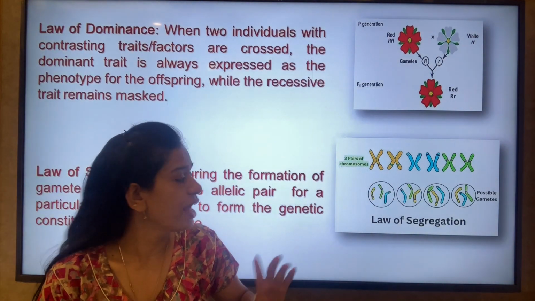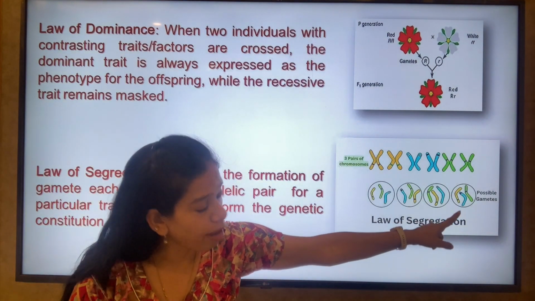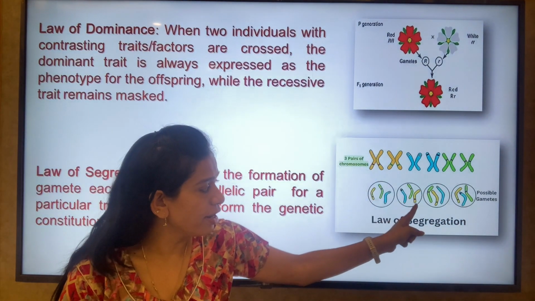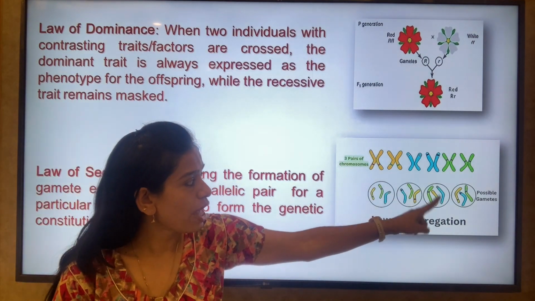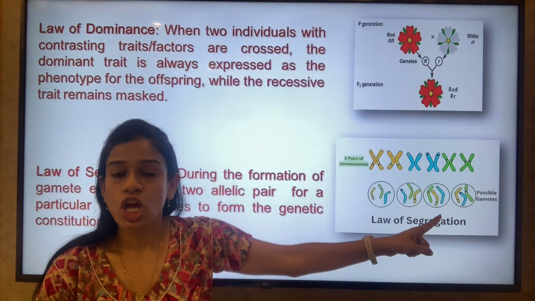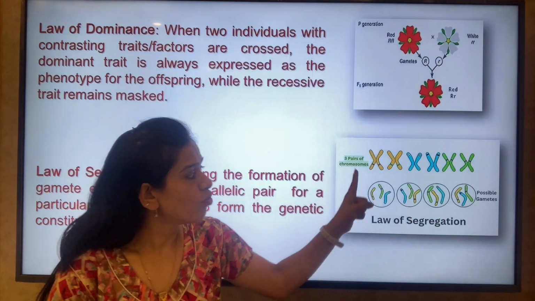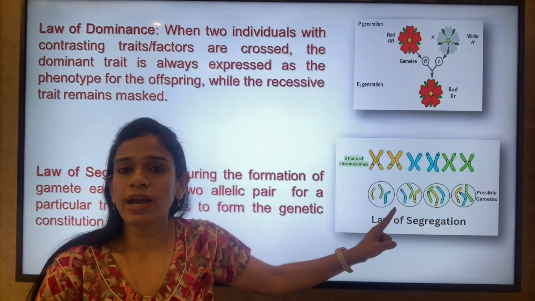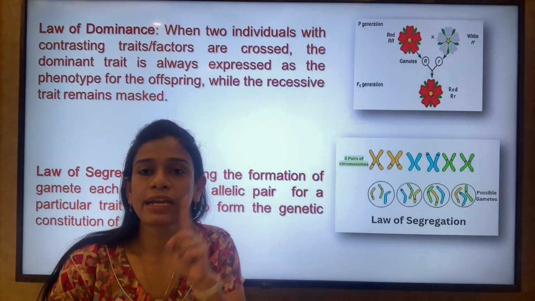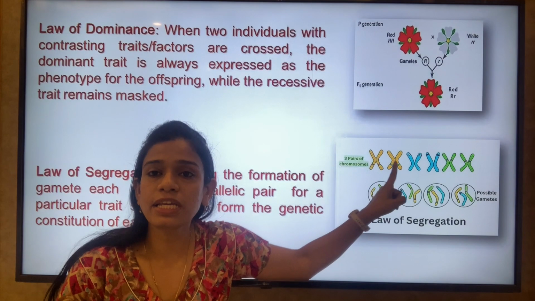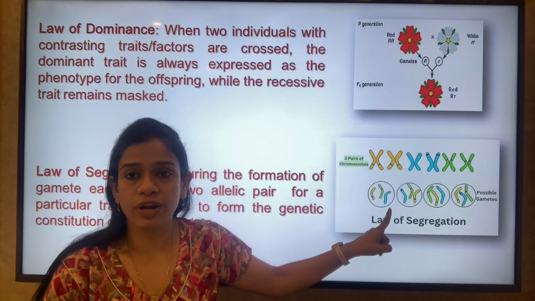In each of the gametes formed, you have 1 strand of yellow, 1 strand of blue, and 1 strand of green. So in each gamete, 1 strand came from each pair. Which one we don't know, but at least 1 will come from each.